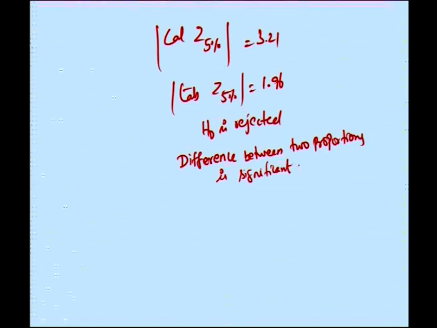Okay. Now therefore, we have answered one part of this question. Now another part of the question is you have to obtain 95% confidence limits. What is that 95% confidence limits for the population proportion?